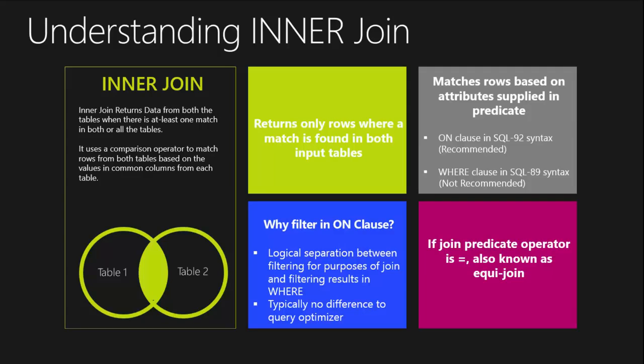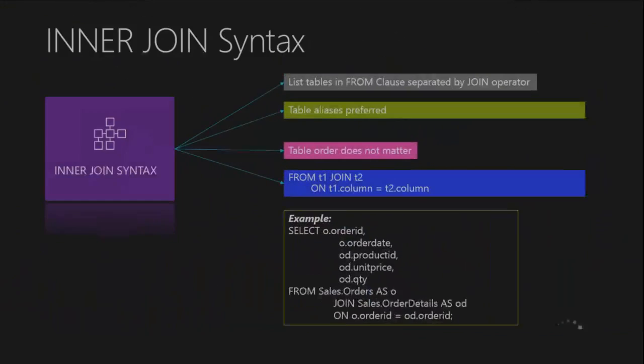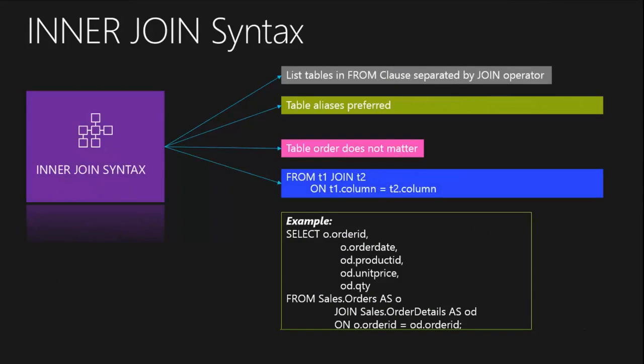in the where clause. And as discussed earlier, an inner join returns only rows where a match is found in both the input tables. And if the join predicate operator is the equal to operator, it's known as an equijoin. Now let's see the syntax of an inner join.